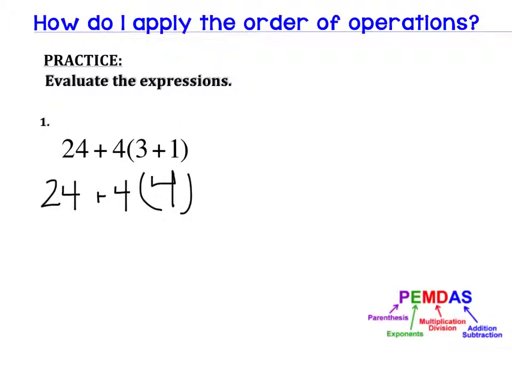Now I'm going to see, do I have any exponents? No, I do not have any exponents. Now let's move on to multiplication and division. Do I have any multiplication and division? Yeah, 4 times 4. So I'll evaluate that first. That is 16, plus 24. So now in the end here, I'll take 24 plus 16, and that is going to be equal to 40.